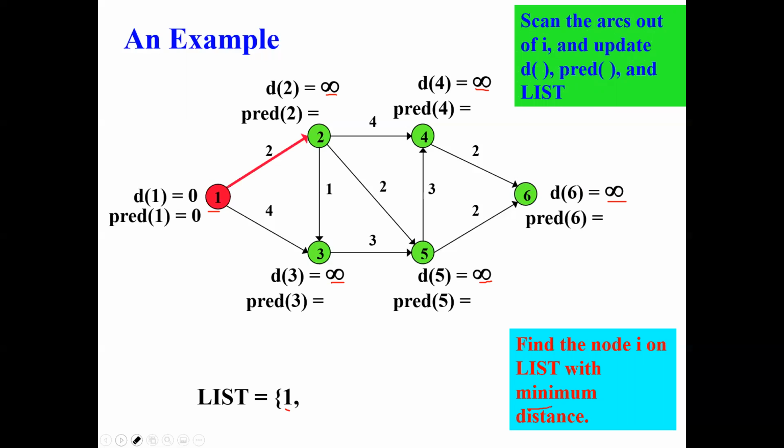We can reach node 2 from 1, and the distance 2 is better than infinity. So we update from infinity to 2, and we also update the predecessor for 2. The predecessor for 2 is now 1.